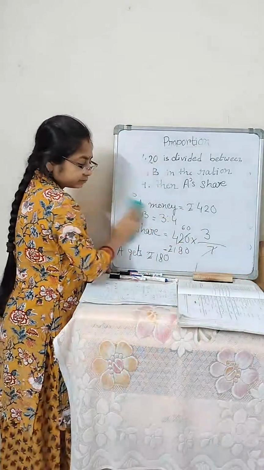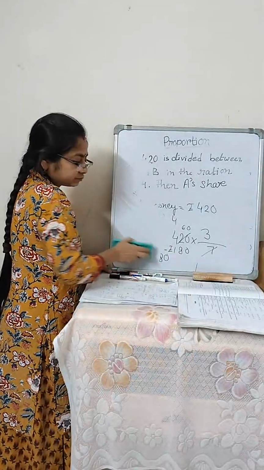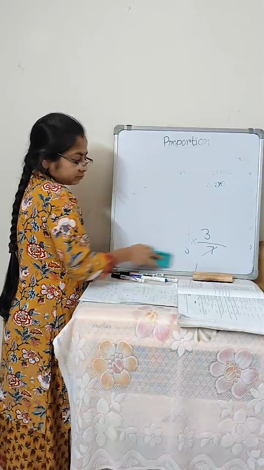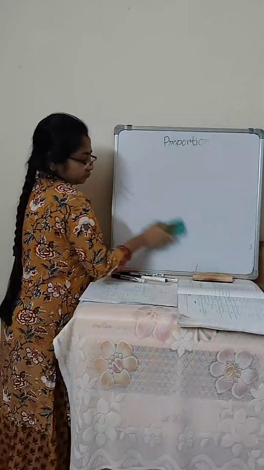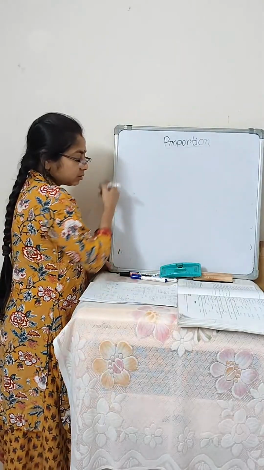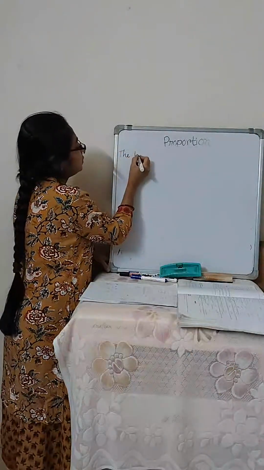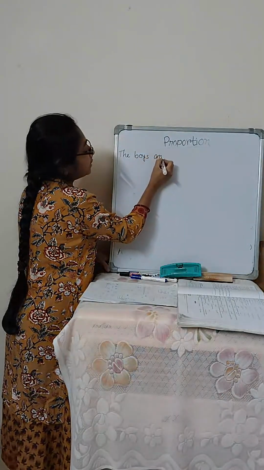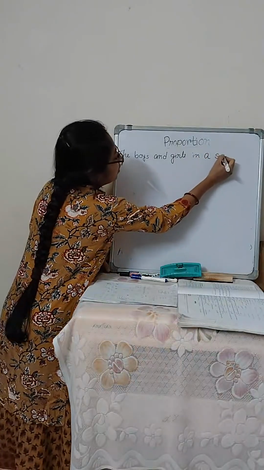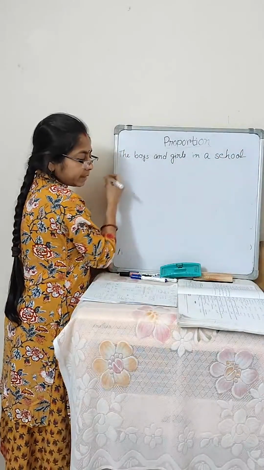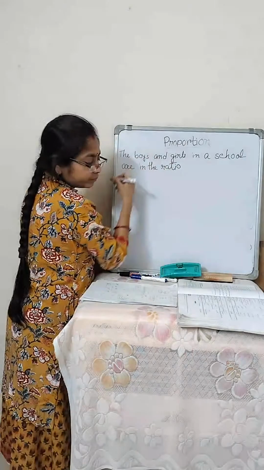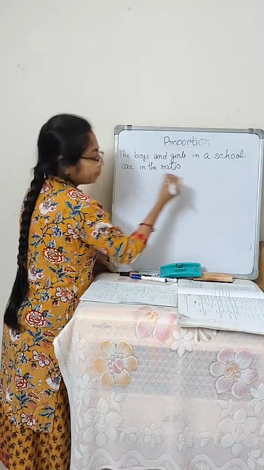Complete this one. The boys and girls in a school are in the ratio 8:5.